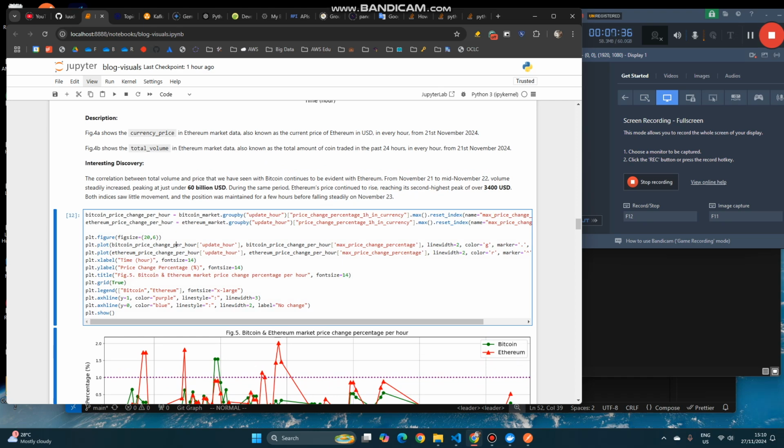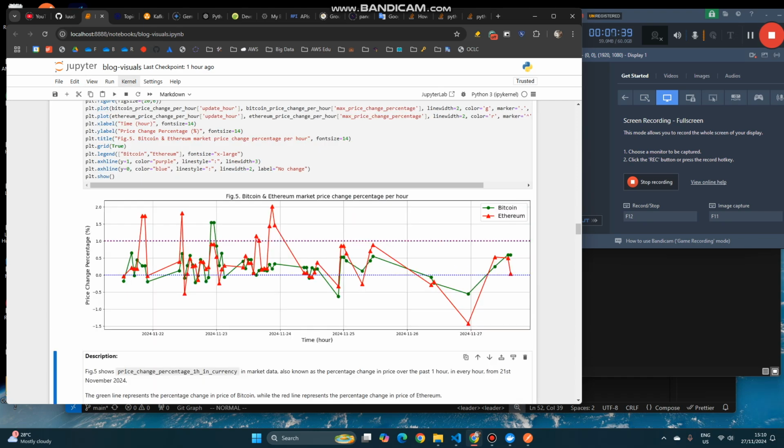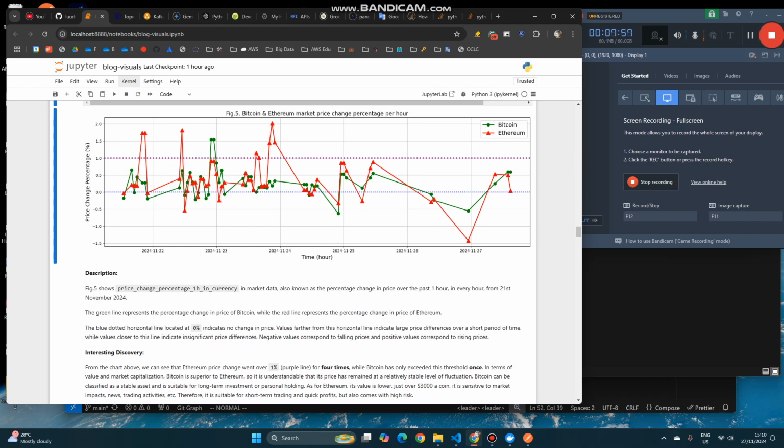Okay, and the next graph, I want to compare two indexes of the Bitcoin and the Ethereum. That is the price change percentage per hour. So what does this graph mean?